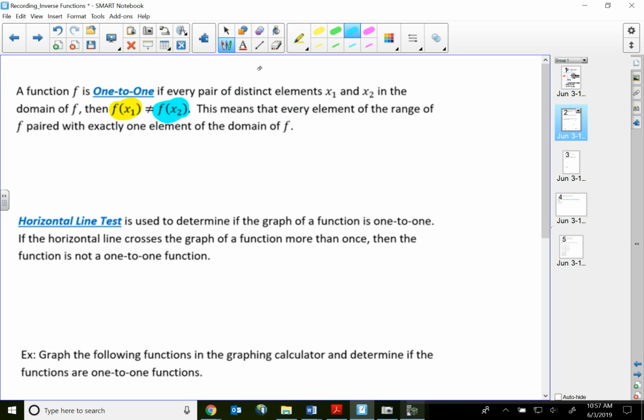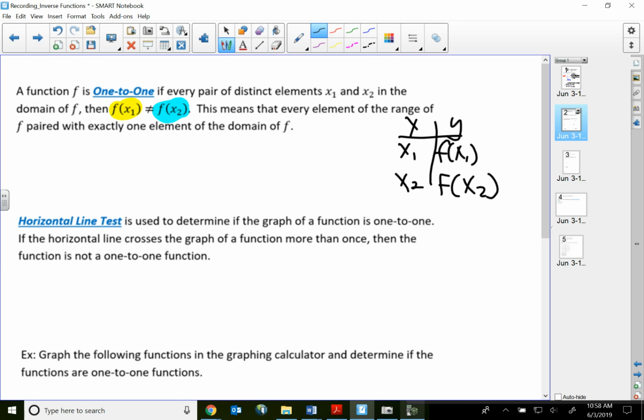So if I have two distinct x values called x1 and x2, then the two y values cannot be equal. This means that every element in the range of f is paired with exactly one element of the domain of my function f.